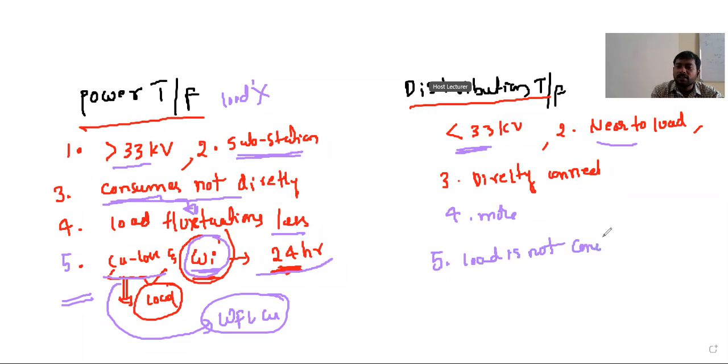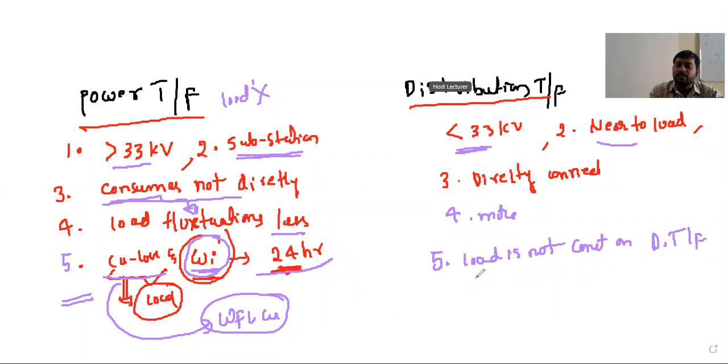Because during the daytime, most of the people go to offices or schools or work, so the power consumption is less during the daytime. And during the night time, the power consumption will increase for lighting purposes, for fans, refrigerators, and ACs.